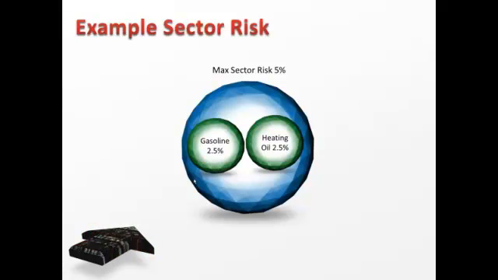So now your sum total risk in the energy sector is 5%, and this is the maximum. You don't want to exceed that amount. And all of a sudden, a trade in crude oil comes up, and that trade, if put on, would cause you to exceed your maximum sector risk of 5%. What do you do? You just simply reject the trade and don't take it.